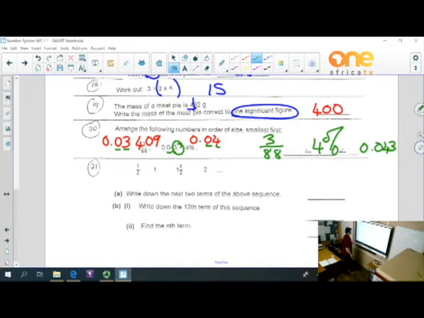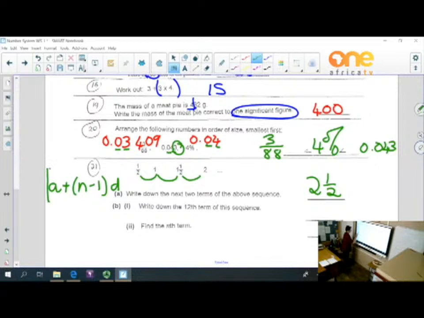Write the next two terms of the sequence. Again, you must find the pattern now. What is common difference? What do I keep on adding? A half, isn't it? So it is 2 and a half. And then write down the 12th term of this sequence. So I will just keep on adding, or I can make use of my formula, A plus (N minus 1)D.